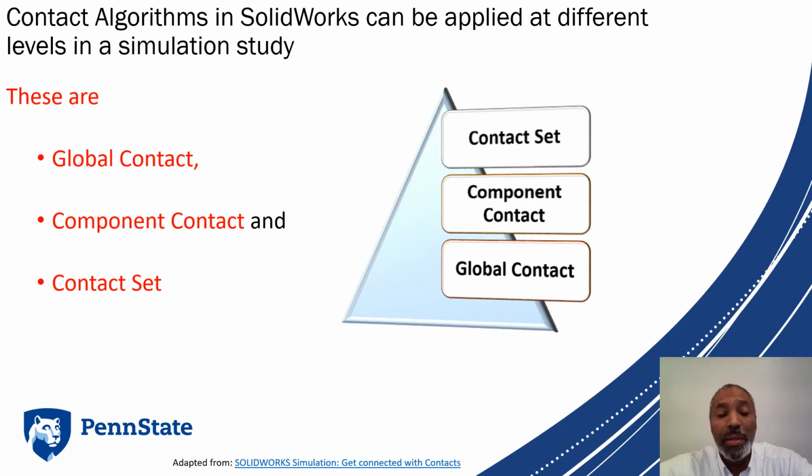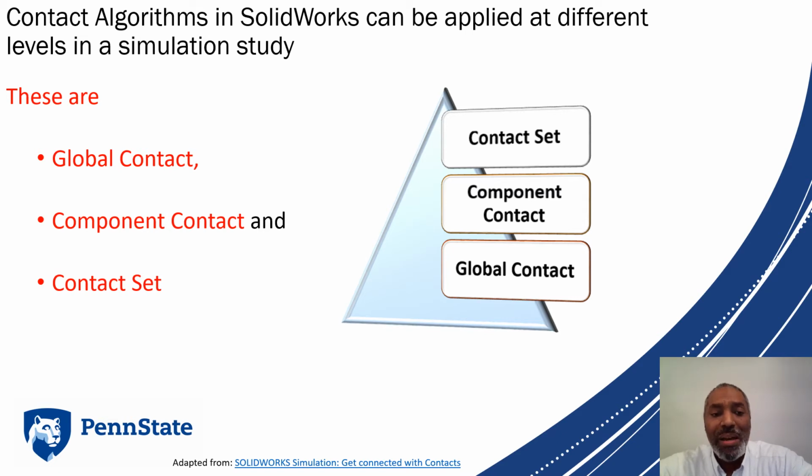Alrighty, so now that we know we've got these algorithms, and these algorithms are trying to figure out whether or not things are in contact with each other, and then once they find them in contact with each other, they're trying to push them back to some level where the penetration depth goes to zero, either using the augmented Lagrangian or penalty methods.